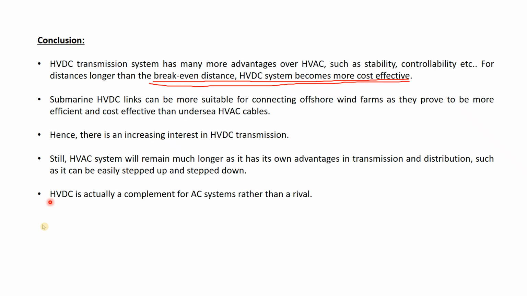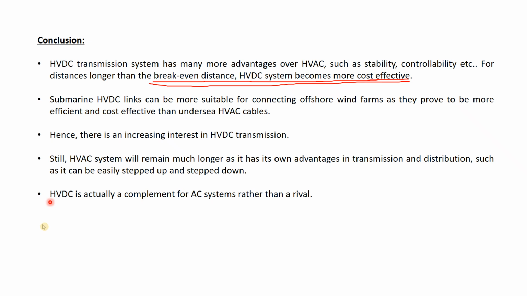So HVDC is actually a complement for the AC systems rather than a rivalry. Why a complement? Because it is a helping hand: ultimately, for HVDC the power is generated through AC, number one. Number two, the power has to be stepped up, and above that voltage only then does HVDC become cheaper. So a transformer is required.